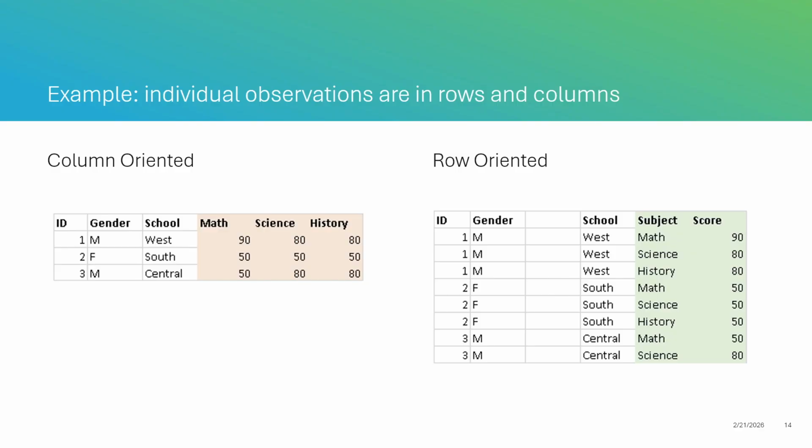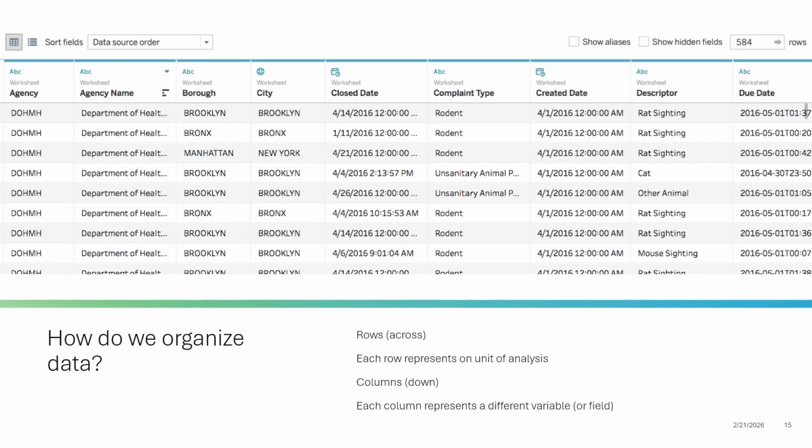But most of the time we are going to be using column oriented data, and most of the applications, software, and tools that we are going to be introducing in these sessions are usually going to use the column oriented way. The row orientation is going to be useful in specific visualizations that require the data to be reorganized in that way.